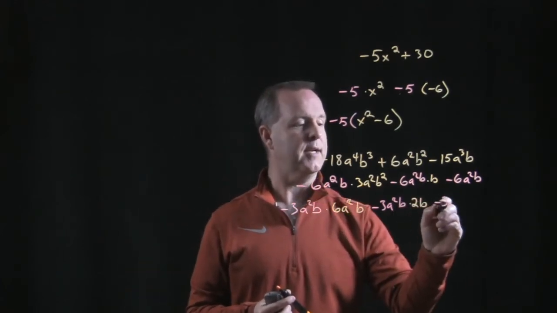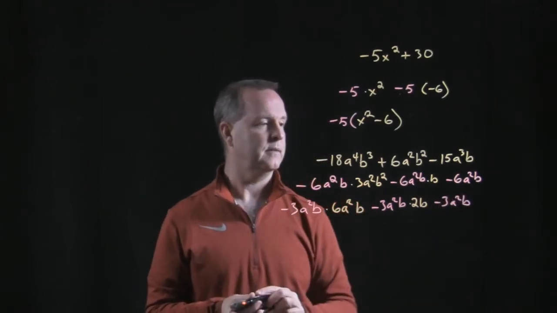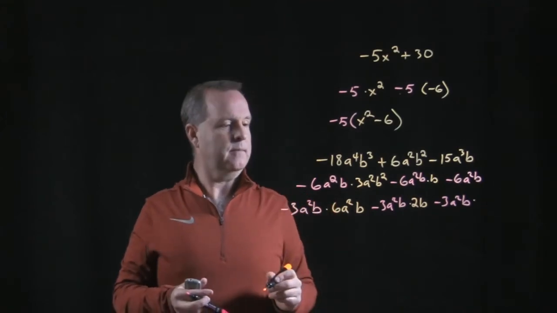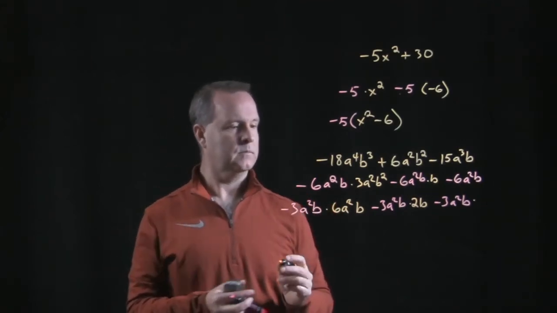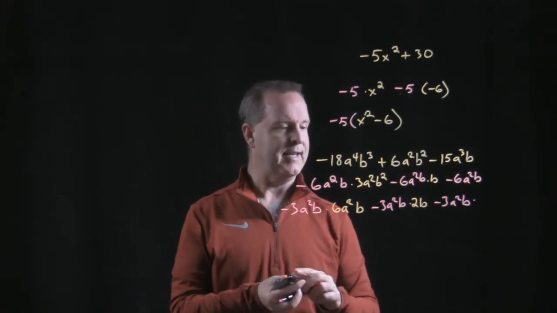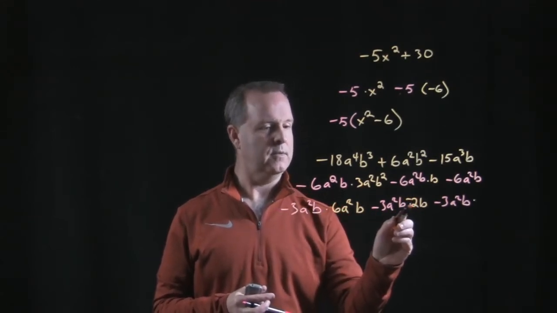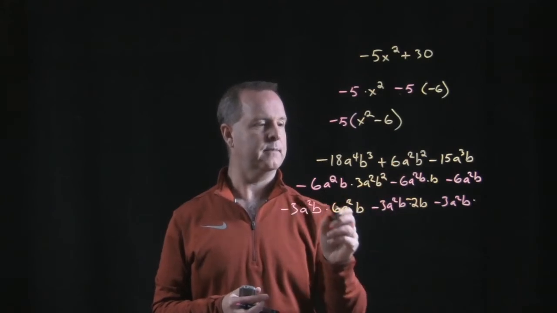Factor out a negative 3a squared b. And what I'm left with has got to be a negative 2b right here, because negative 3 times negative 2 produces a positive 6.